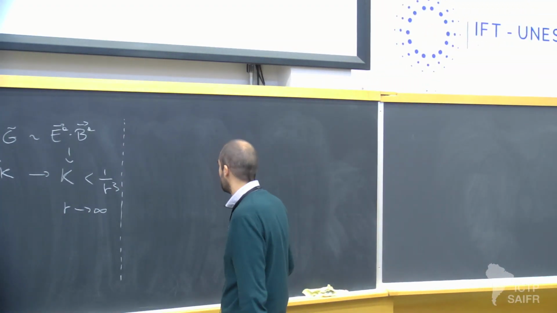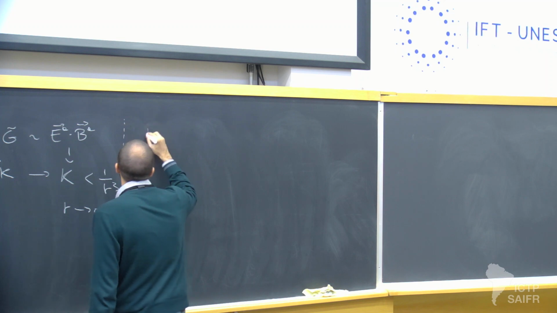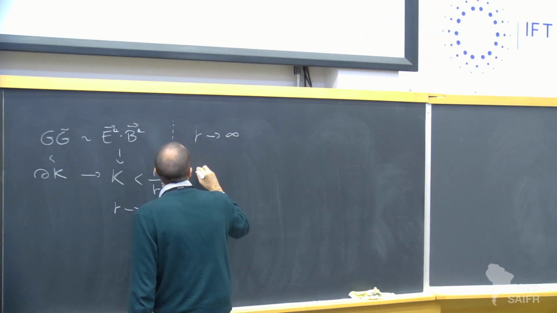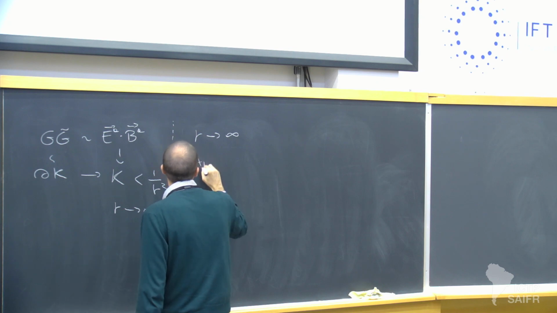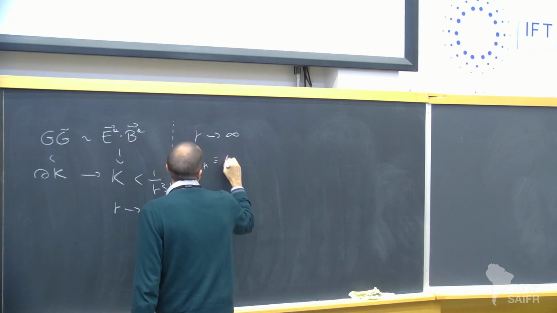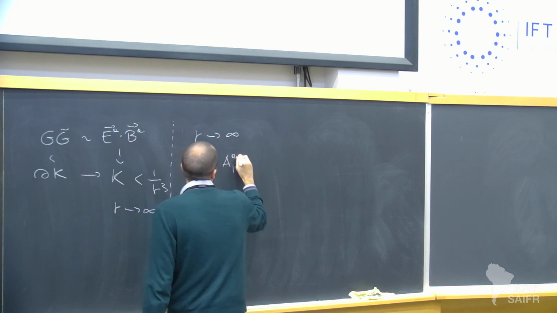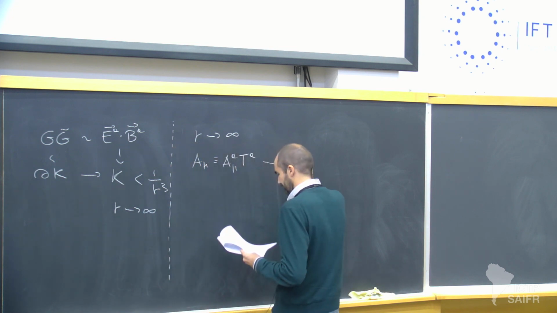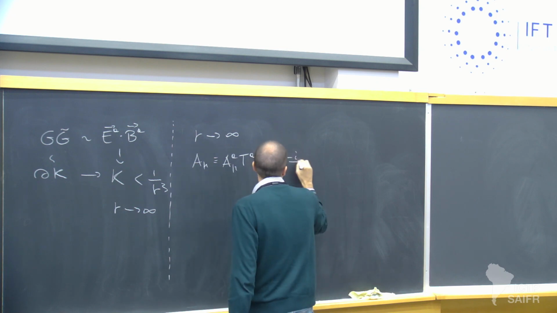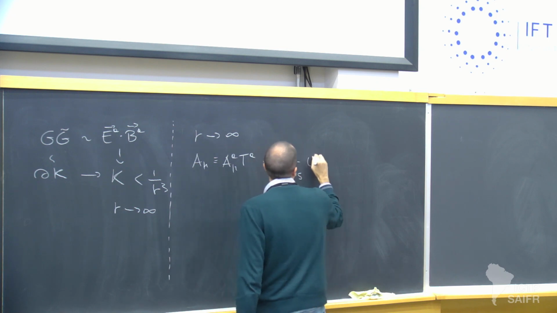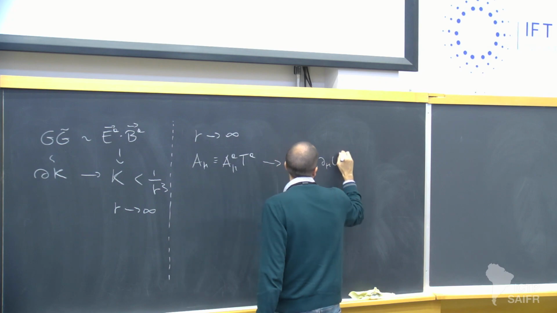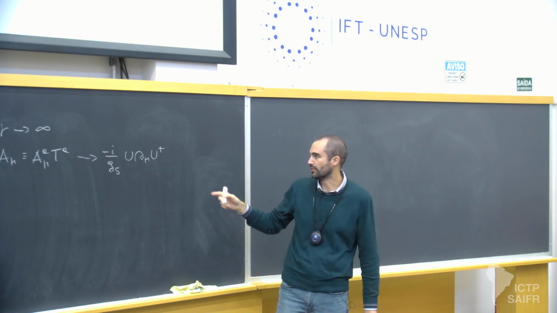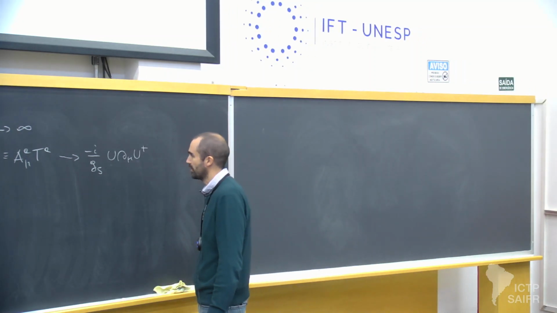The simplest option is if at large distances our gauge fields become pure gauge, where U is an SU(3) gauge transformation, so an SU(3) color gauge transformation.